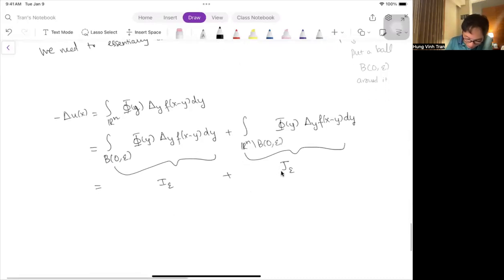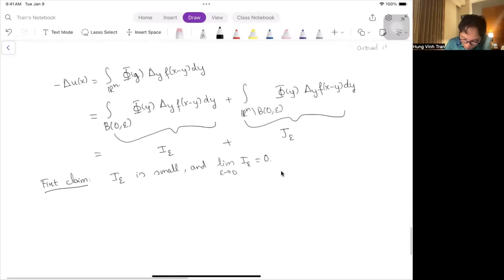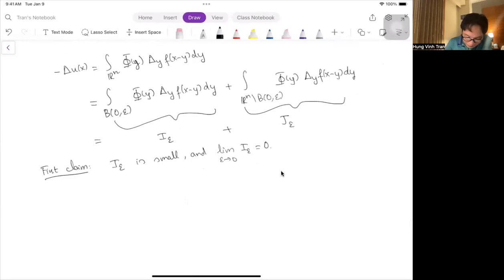So the point now is, let's say the first claim here is that I epsilon is small, and the limit as epsilon goes to 0 of I epsilon equals 0, meaning that although it contains a singularity, it's going to 0. Okay, so that's a key point. How do we do this? Let's prove this first claim.